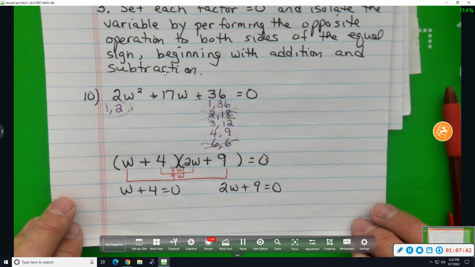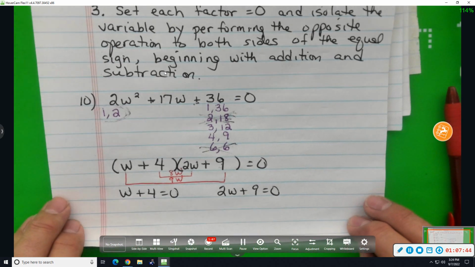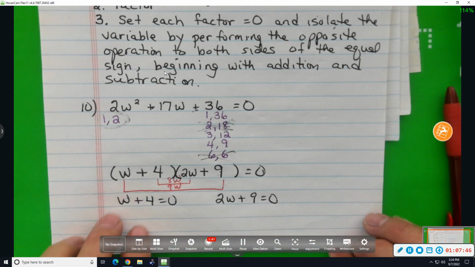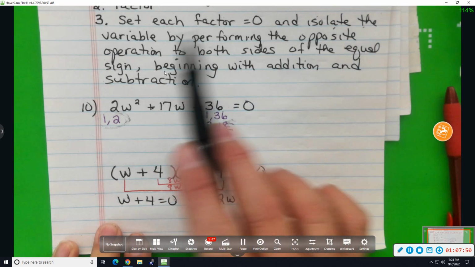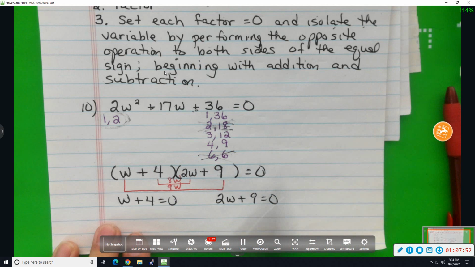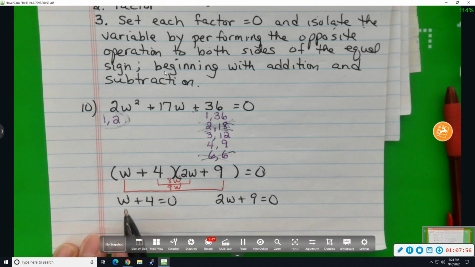How do you solve a linear equation? Isolate the variable by performing the opposite operation to both sides of the equal sign, beginning with addition and subtraction. So I'm going to solve this one here. I'm going to get the W by itself, so I just have W equals a number, and that'll be my first answer.